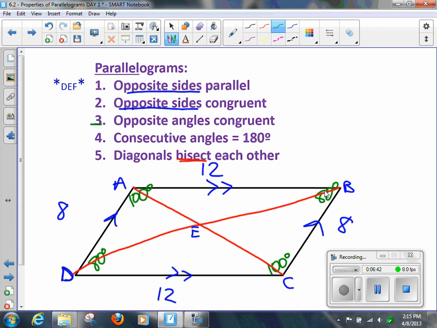Go ahead. So name the segments. AE is congruent to EC, and they are two separate measurements. The only time those pieces will be congruent is when it's what kind of special quadrilateral? Or, what's an equal O?